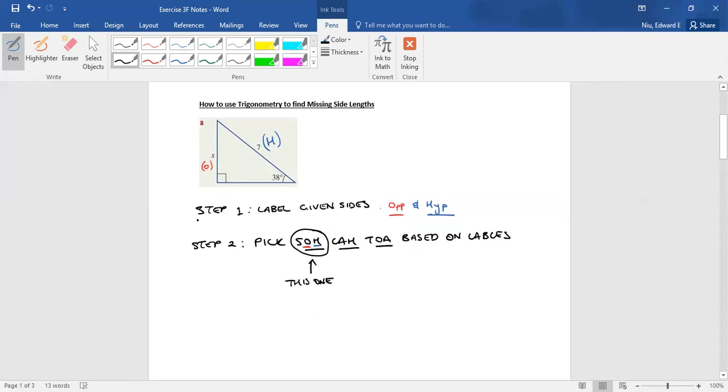Right, now what we have to do is step 3. So that's step 1, step 2, step 3: write the ratio and substitute values in.